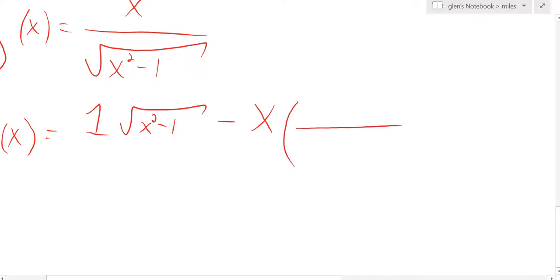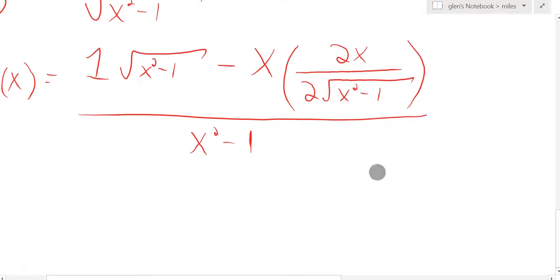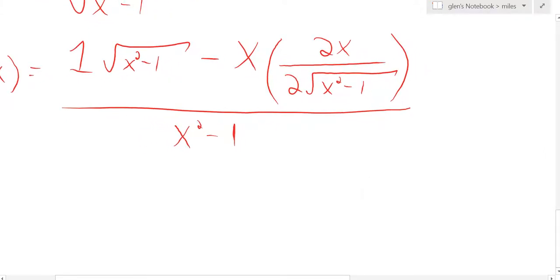And we said the derivative of any square root is always 1 over 2 square root of the same thing times the derivative of the inside, all over the denominator squared. There you go. Are there any questions on that derivative? That's our basic quotient rule happening. There's some chain rule going on, a lot of stuff, but okay.